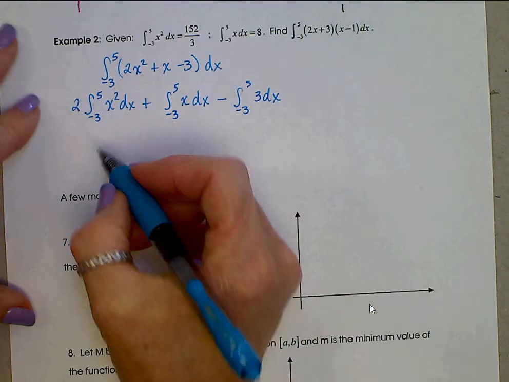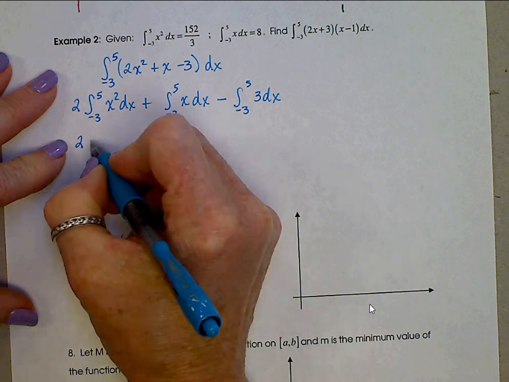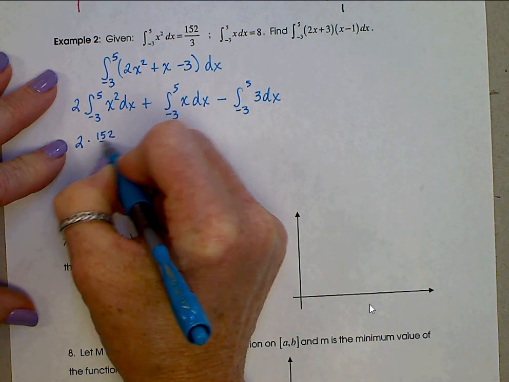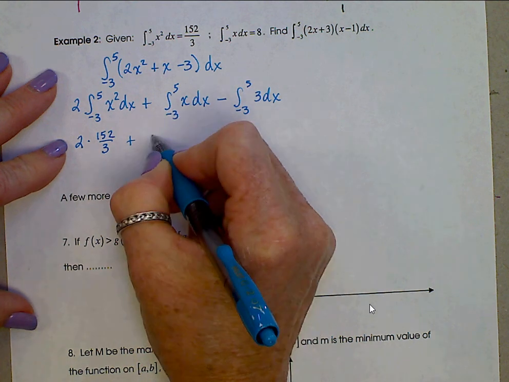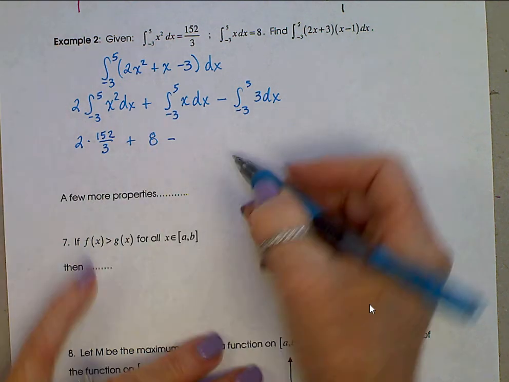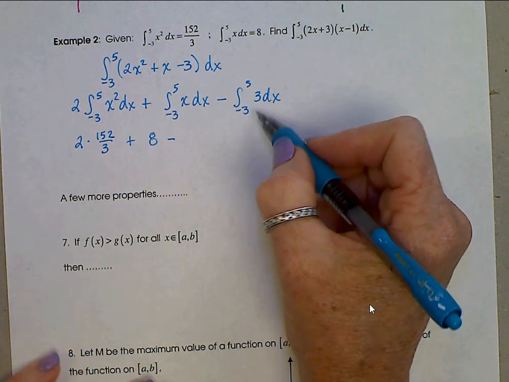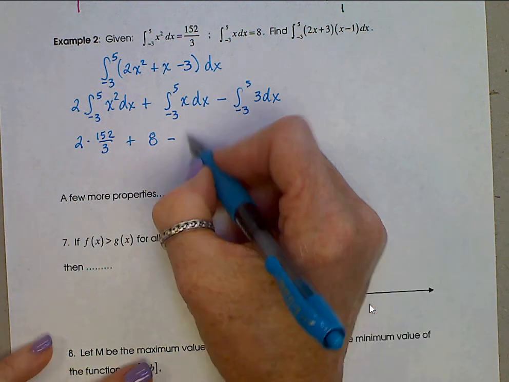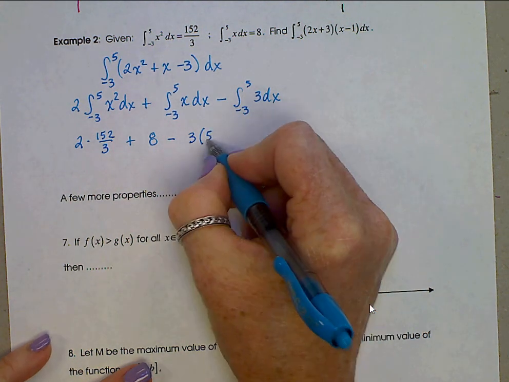Substituting in some information, this is 2 times this integral, which was 152 over 3, plus this integral was given to us as 8, minus this integral was not given to us, but you should recognize that this is the integral of a constant, which is that constant times the length of the interval.